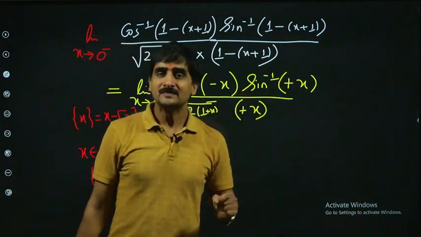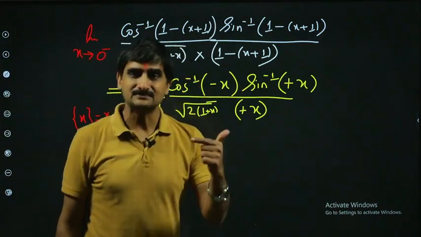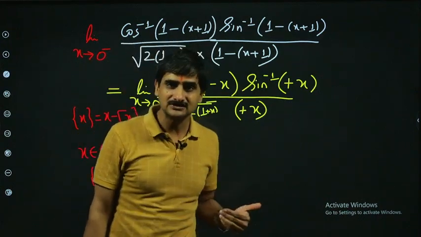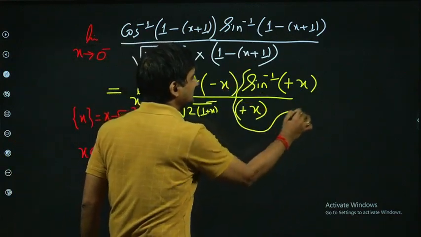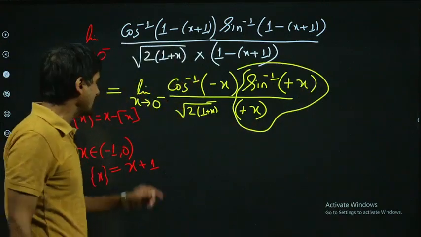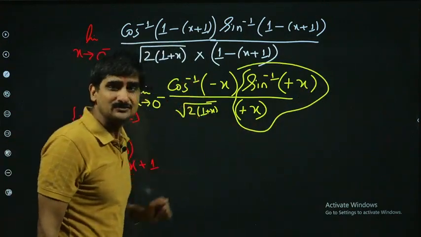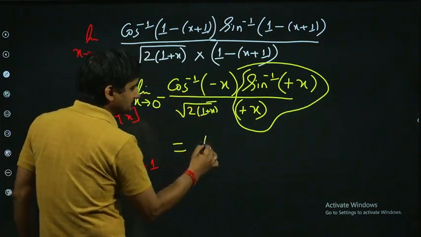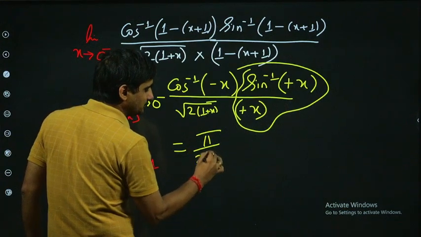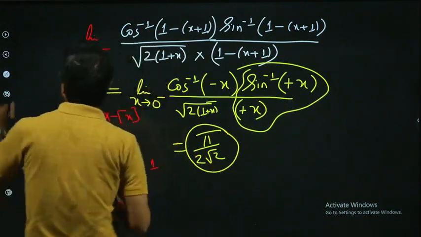So I am repeating, since sine inverse of minus t is minus sine inverse t, it's an odd function, so I can take out negative sign and cancel with it, and then this is nothing but 1 बच्चों. And as x approaches 0, cos inverse 0 is pi by 2, and here it's root 2, so the answer is pi by 2 root 2, so that's the left hand limit.